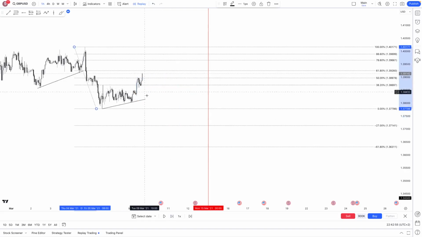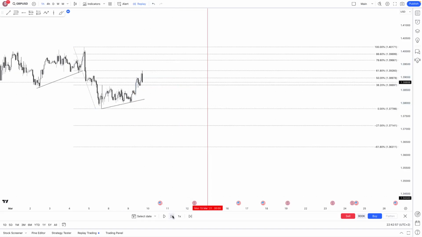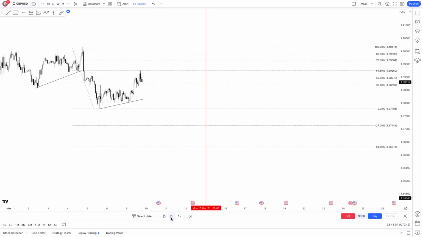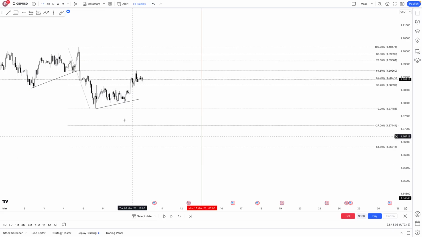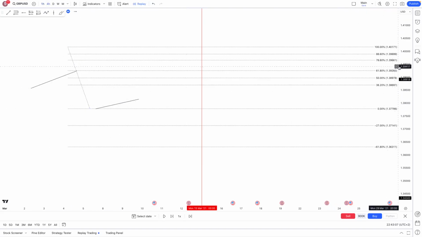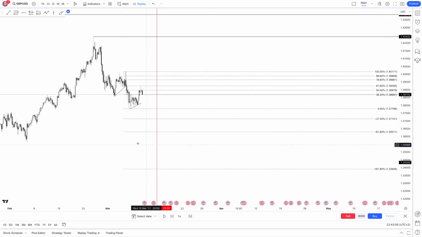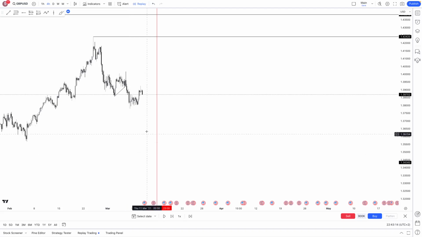Okay, we're now pushing higher. Okay, let's go to the higher time frame. So this definitely looks like a correction.